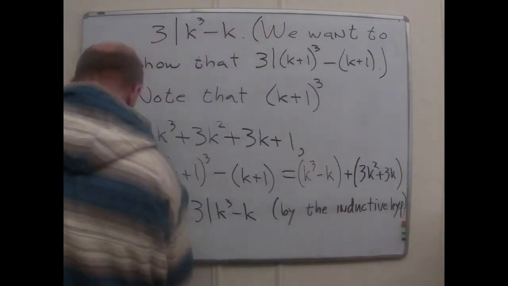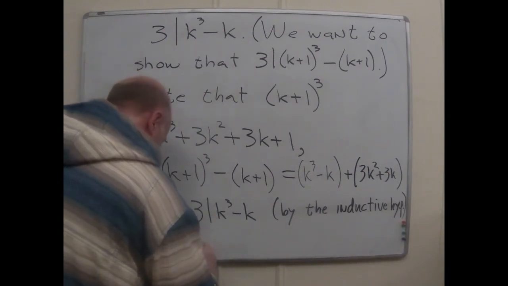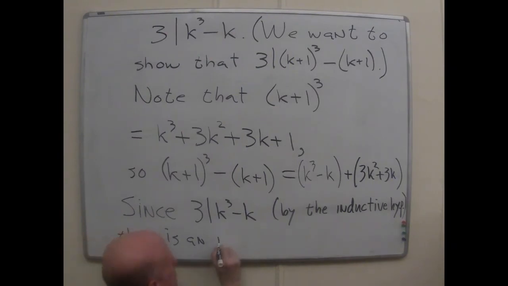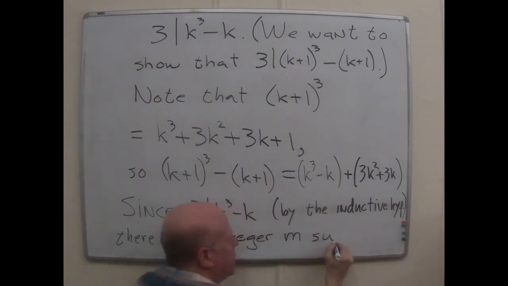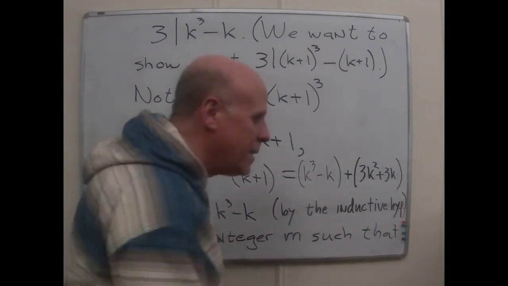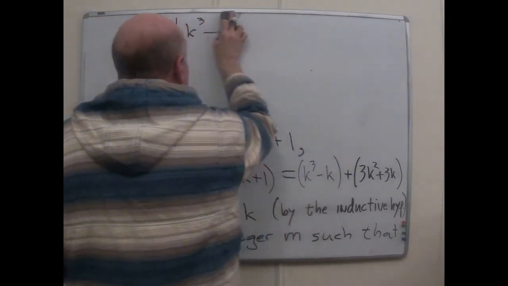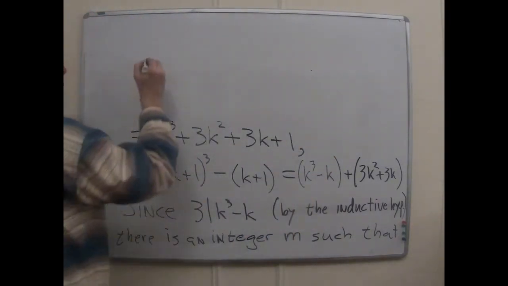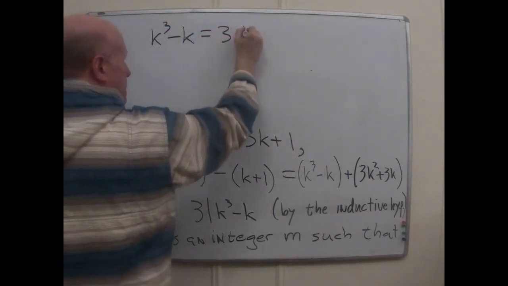There is an integer, let's call it m, because we get other letters used around, m, such that k cubed minus k is equal to 3 times m.